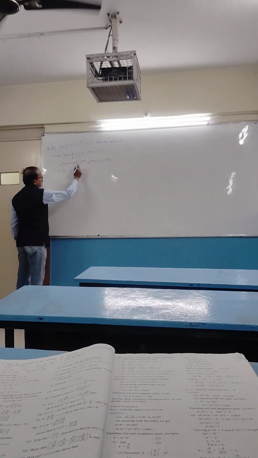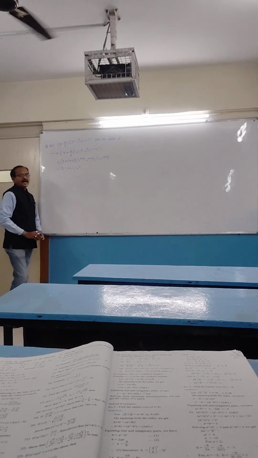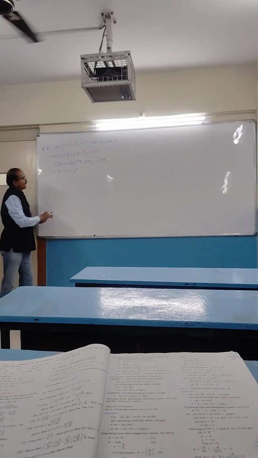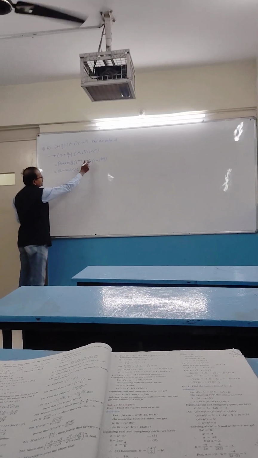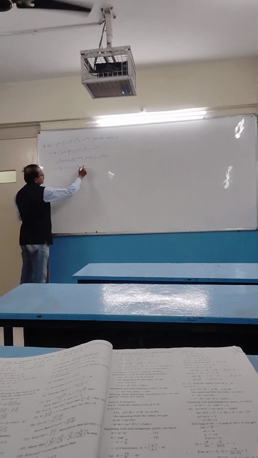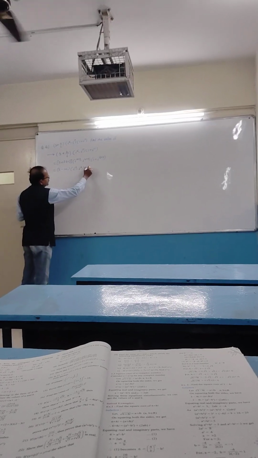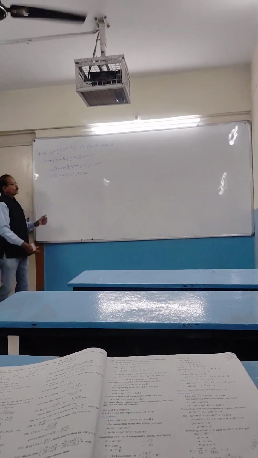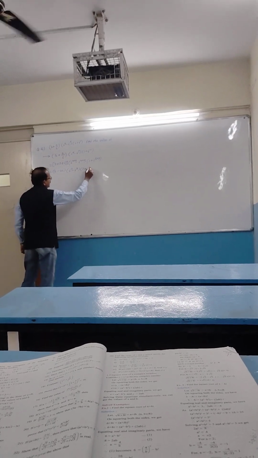In the second bracket, i squared, i to the power 4 which is 1. i squared minus i to the power 4 is 1, not i cubed, and 1 plus here i to the power 8 is 1 and i to the power 3.